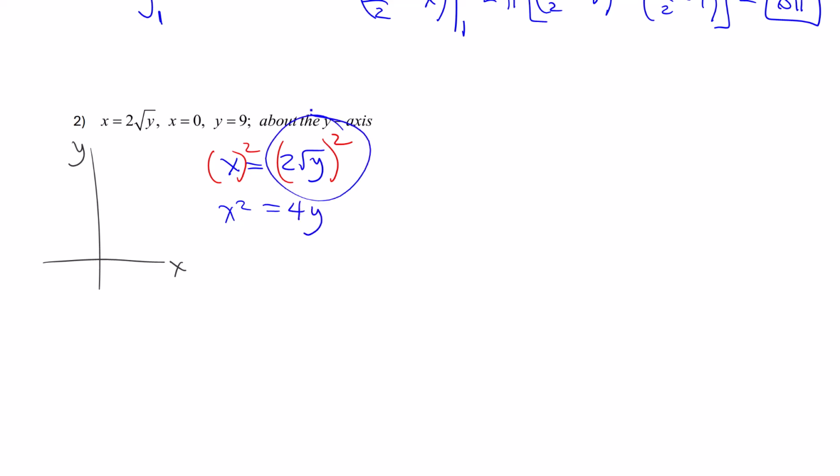That is, squaring 2 square root of y gives us 4y. And then if I solve for y by dividing by 4 on both sides, I'll get y equals x squared over 4, or you could say 1/4 x squared. So that's really the function we're working with.